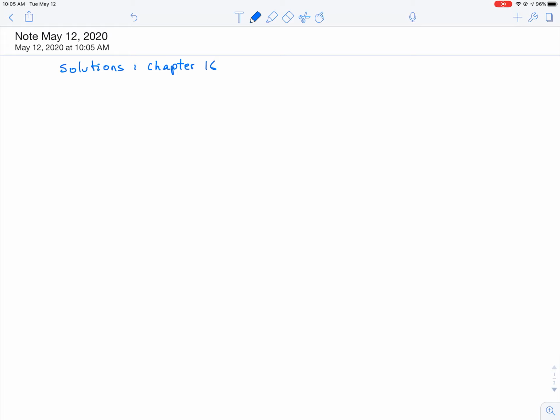The first thing we need to remember, what is a solution? And we covered that at the beginning of the year. A solution is really the same thing as a homogeneous mixture. And a solution is made up of a solute and a solvent.